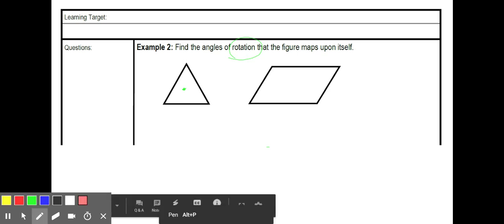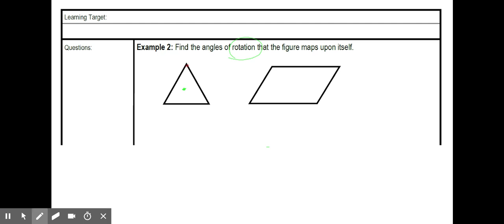What we want to do is look at how many vertices there are in the figure, and we can start creating angles.